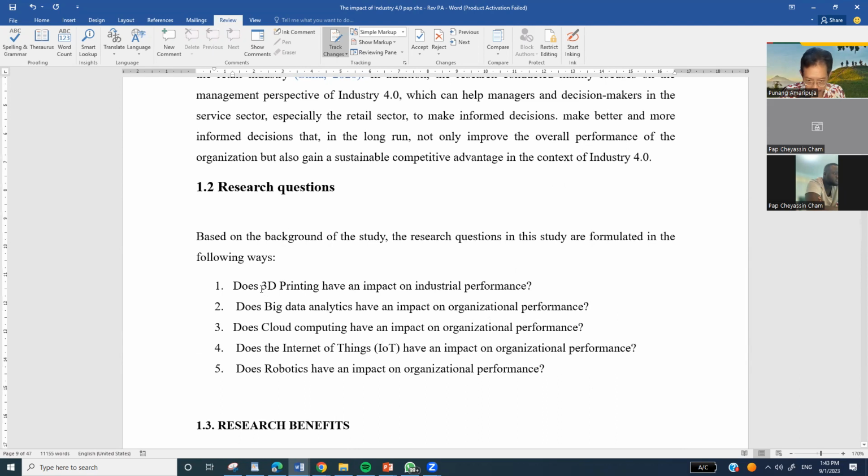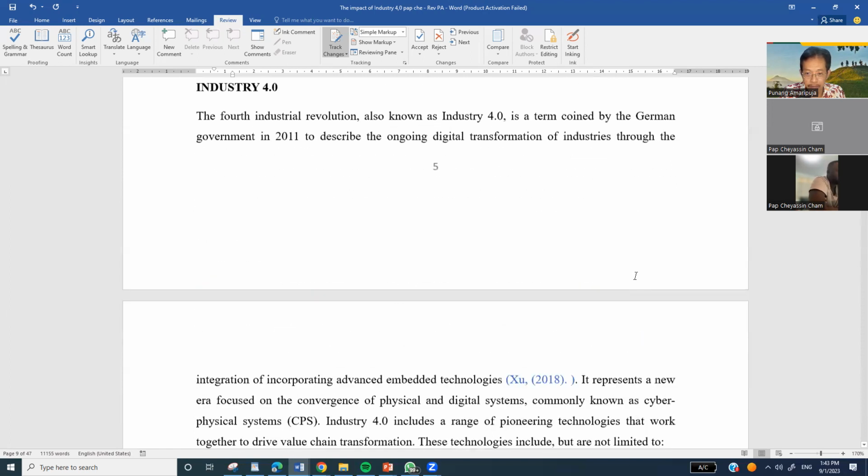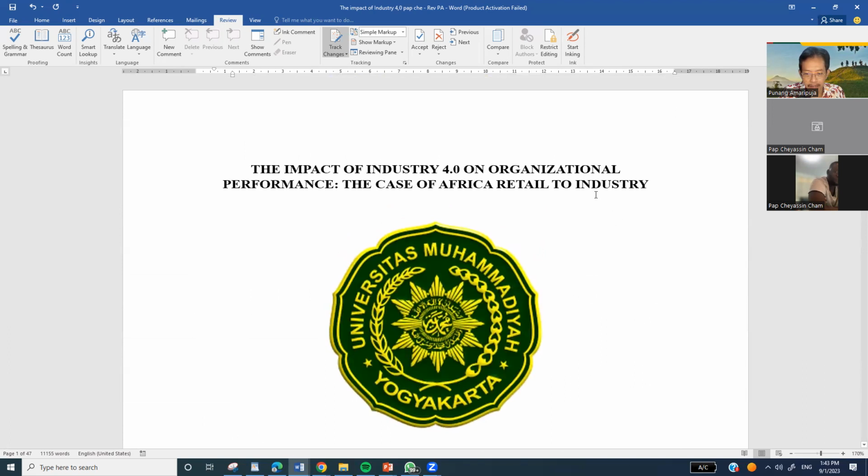In this case, for 3D printing, you would need, let's say, 100 companies that do 3D printing, 100 companies that do big data analytics, cloud computing, and so on. It would be great if those companies do all of this together, but I doubt that. Not many companies would be using it all together, especially if you're taking a look at, let's say, Africa retail to industry.